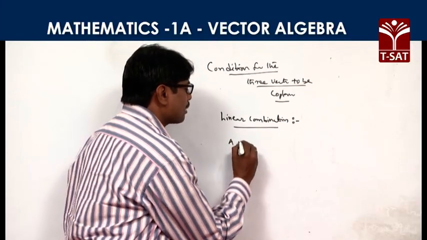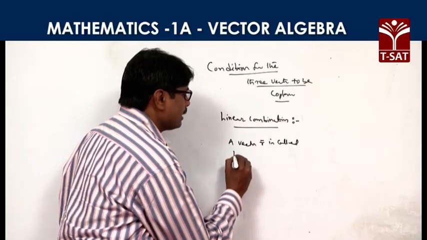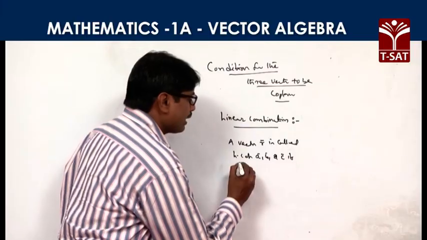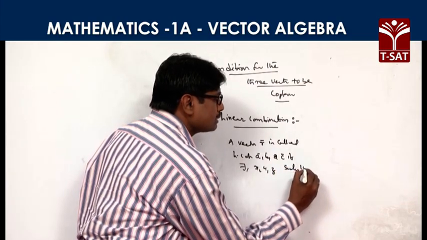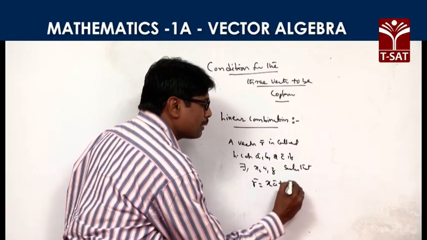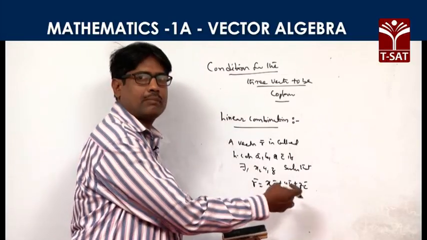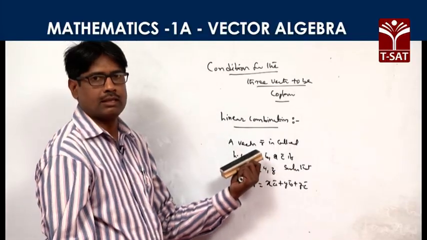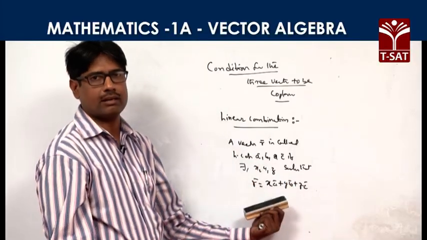Example: a vector r bar is called a linear combination of A bar, B bar and C bar if there exist scalars x, y, z such that r bar is equal to x times A bar plus y times B bar plus z times C bar. This r bar is called a linear combination of A bar, B bar, C bar constructed by x, y, z scalars. Expressing a vector as a combination of other vectors with scalars is called a linear combination.